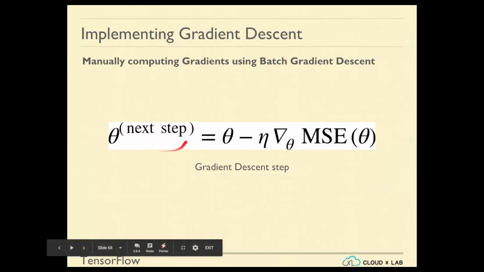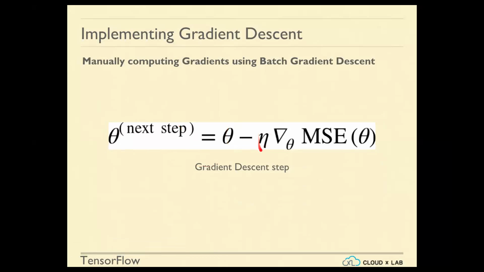So the next step is going to be the previous value minus the learning rate multiplied by the slope. So we are decreasing the value of theta, meaning going down. This is the height. So we are trying to go down in the direction in which there is a slope.